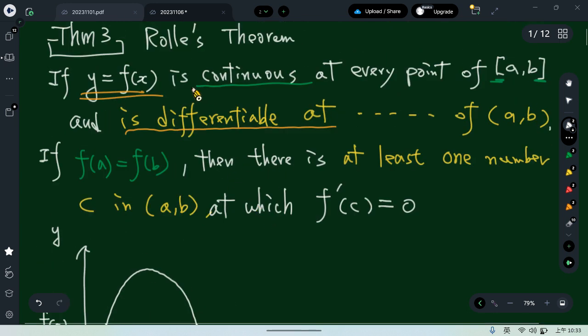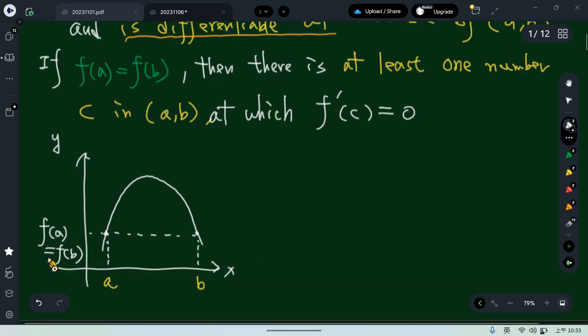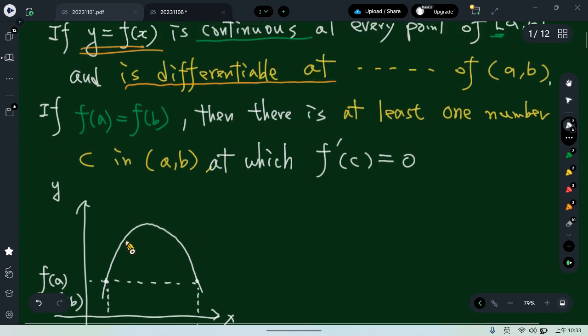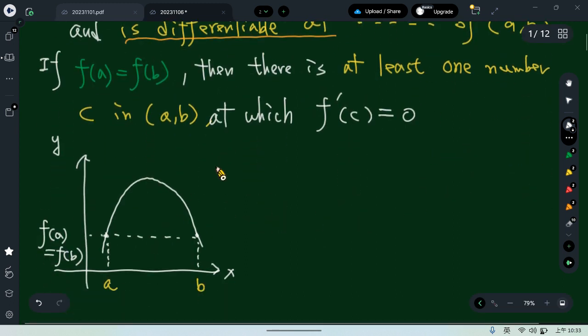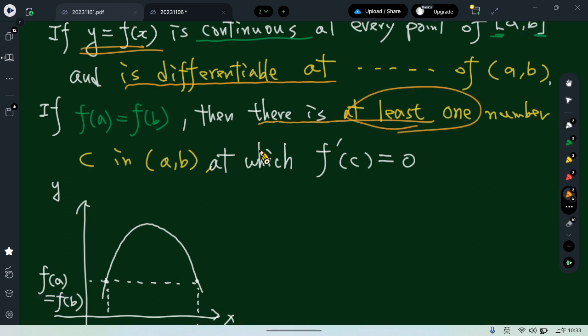Then if f is continuous, just like this, it is continuous and differentiable in between. That means at each point we can calculate its derivative. It's differentiable. Okay? So if it meets such a situation, there is at least one. That means it is possible that we can have 1, 2, 3, or even more.